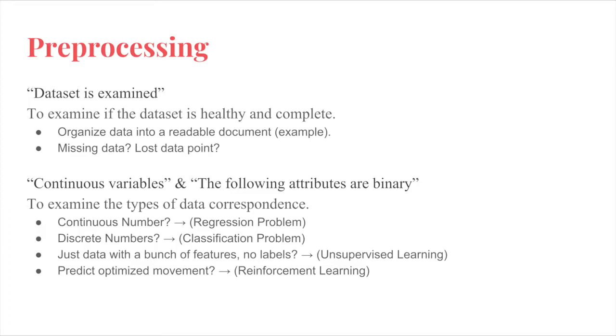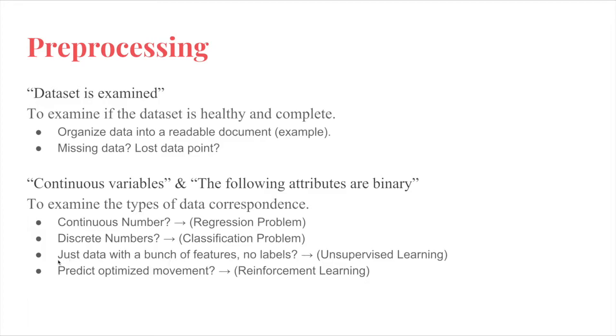Like 1 stands for sunny, 2 stands for cloudy, 3 stands for rainy, and there's no number in between. So it's either going to be 1, 2, 3, or some other numbers. It's not going to be a continuous number in between. For these kinds of problems, what we usually do is find a classification for these categories and divide them accurately to predict the weather, for example, for tomorrow or for the entire next month.